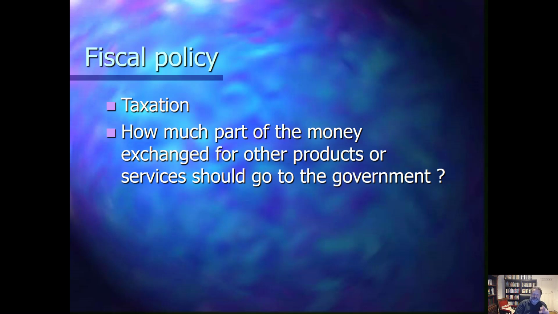Now, the fiscal policy is about the taxation, how much taxes, fees, tariffs should be imposed on economic communications. And effectively, this sets out what part of the money exchanged in the economy should go to the government to finance the delivery of governmental services and operations.